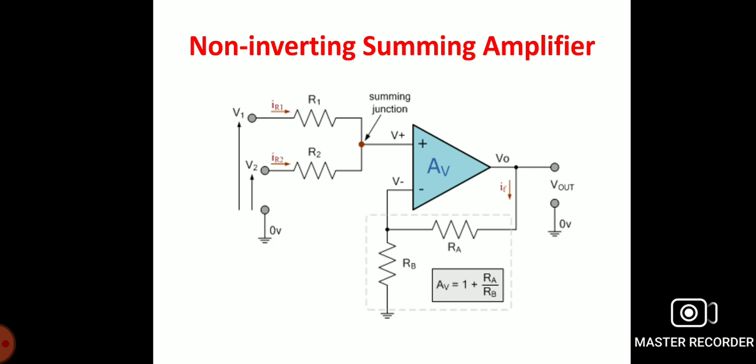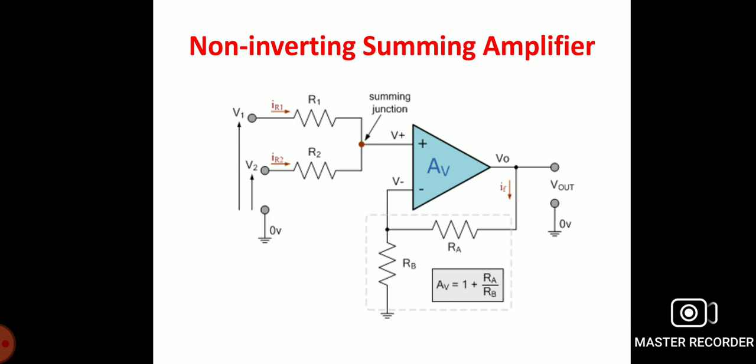If the closed loop gain of the non-inverting operational amplifier is made equal to the number of summing inputs, then the operational amplifier output voltage will be exactly equal to the sum of the input voltages. That is, for a two input non-inverting summing amplifier, the gain is equal to 2. For a 3 input summing amplifier, the operational amplifier gain is 3.